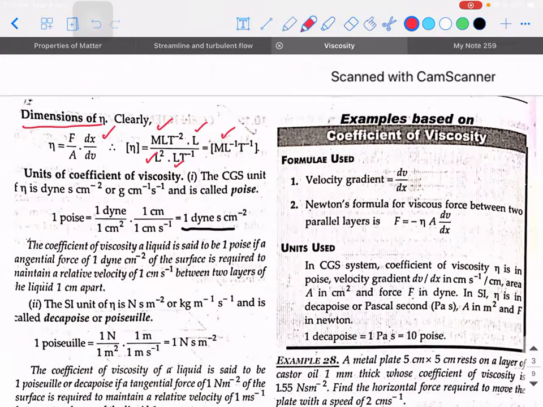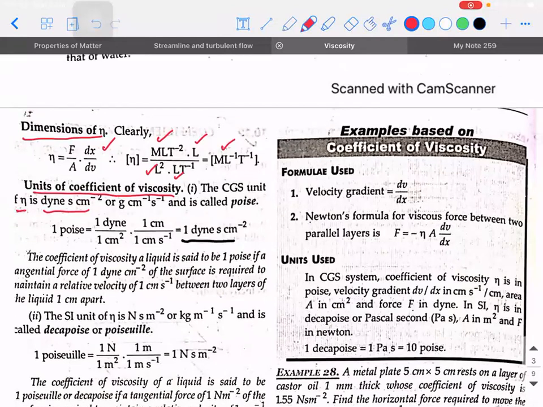Now what about the units of coefficient of viscosity? The CGS unit of coefficient of viscosity, that is eta, is given as dyne second per centimeter square. How is it dyne second per centimeter square? Let's calculate.